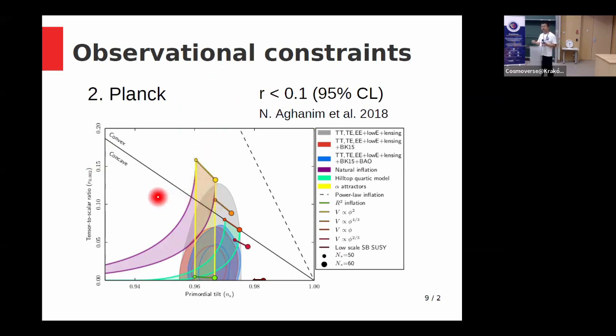We can easily see that natural inflation and monomial inflation have been ruled out at about the 2 sigma level, and actually the cosmological alpha attractors, the hilltop quartic and the Starobinsky inflation are still favored by data.